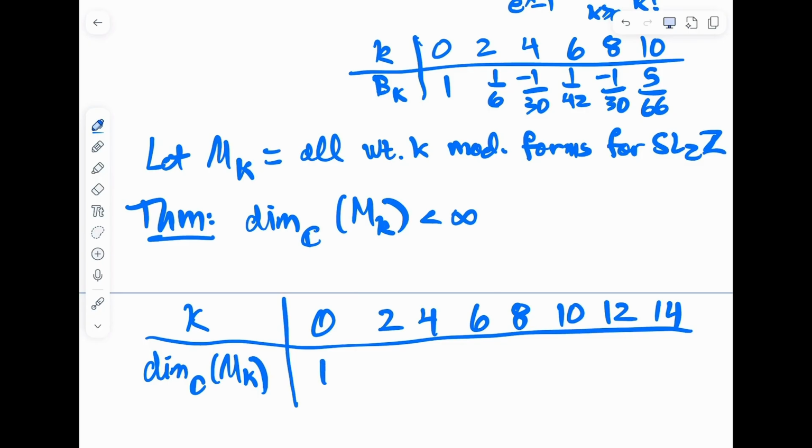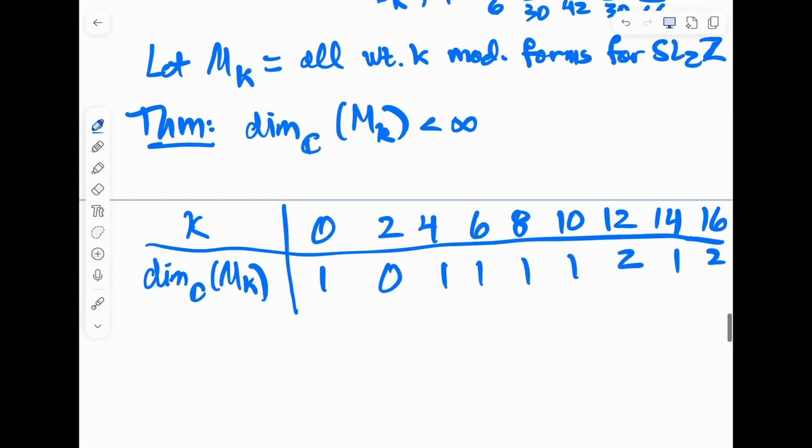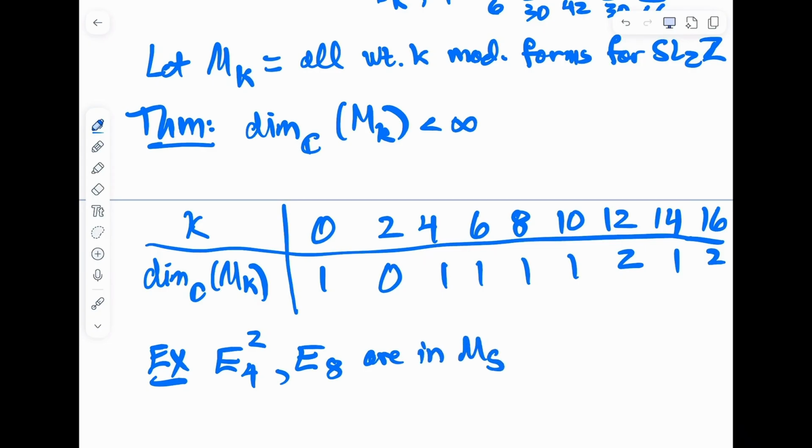The dimensions are 1, 0, 1, 1, 1, 1, 2, 1. Let's see, dimension 16, weight 2. For example, I had said before that E4 squared and E8 are in the space of modular forms of weight 8. And what's the dimension of that space?